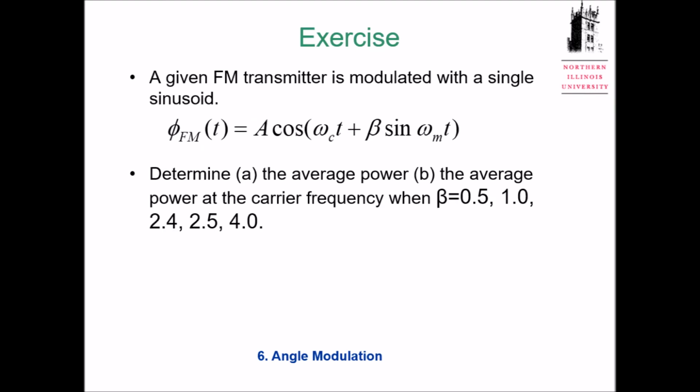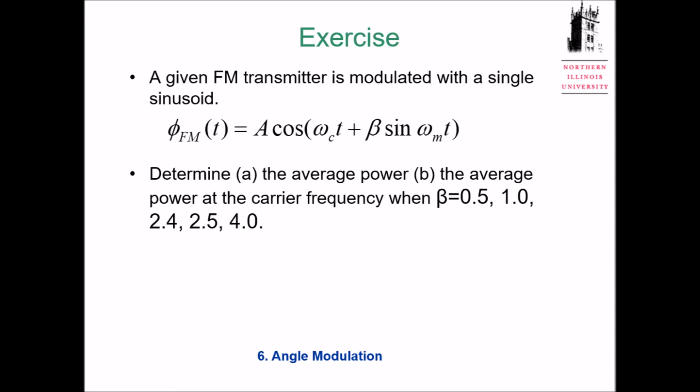We are going to use this one as an example. In the previous example, we kind of got some feeling: the power is changing and the bandwidth is also changing.